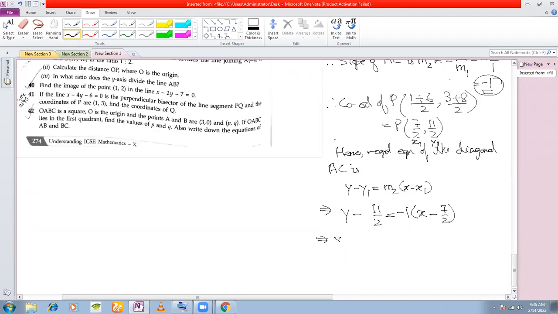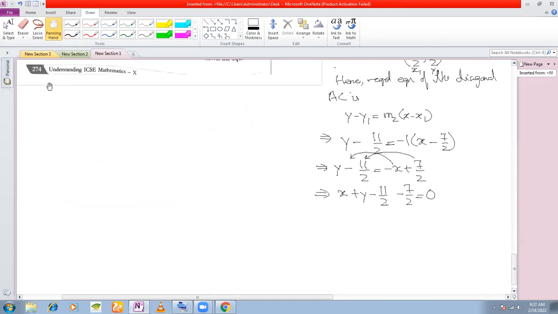That is, we have y minus 11 by 2 is equal to minus x plus 7 by 2, right? So now you can shift this side and this side. So you get x plus y minus 11 by 2 minus 7 by 2 is equal to 0. You get x plus y minus, if you introduce brackets, you get (11 plus 7) is equal to 0, isn't it?